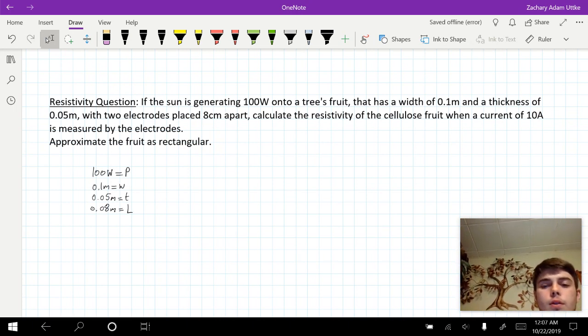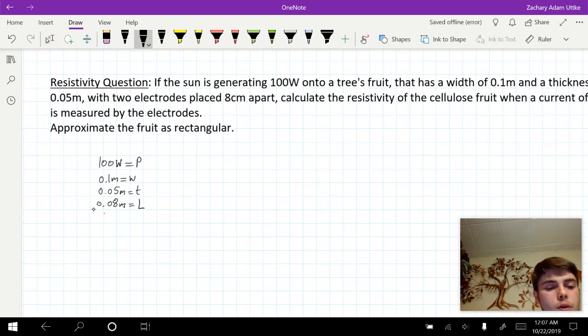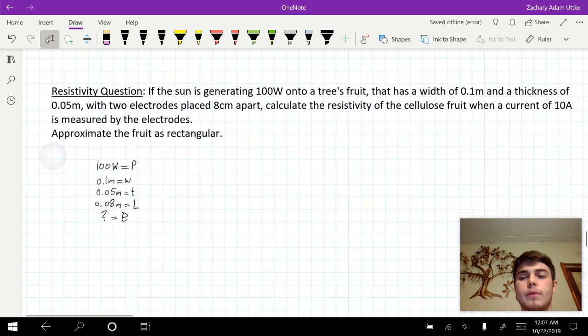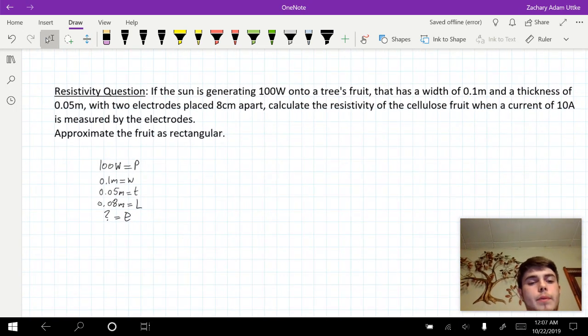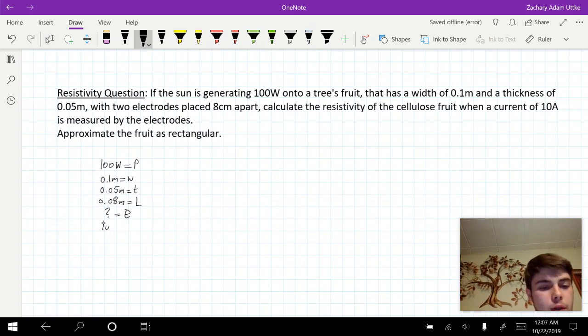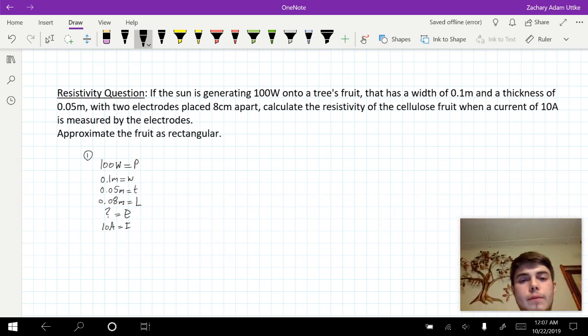Calculate the resistivity. So what we're looking for is rho, our symbol for resistivity, of the fruit when a current of 10 amps is measured by the electrodes. So we have 10 amps, and that's our current. Okay, so that might be step one, just listing what's given and what we're looking for.